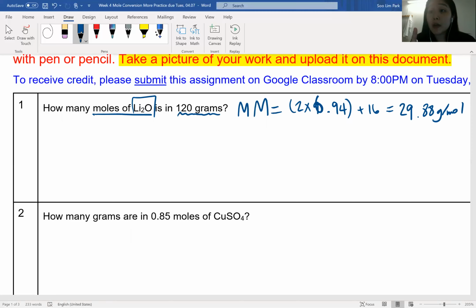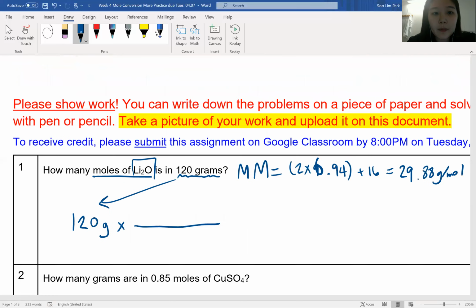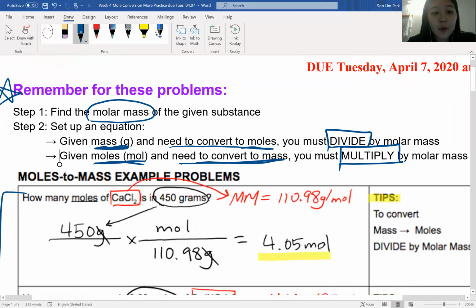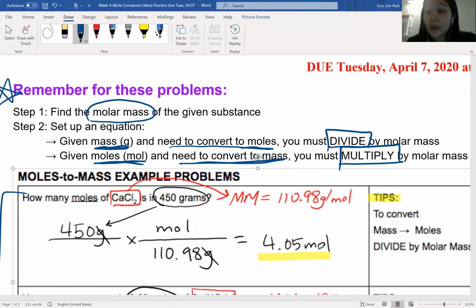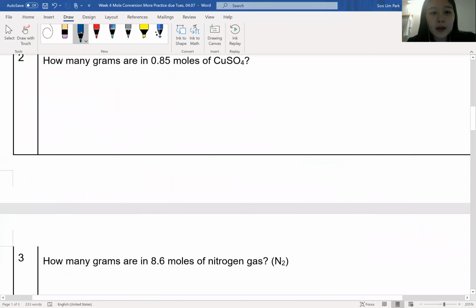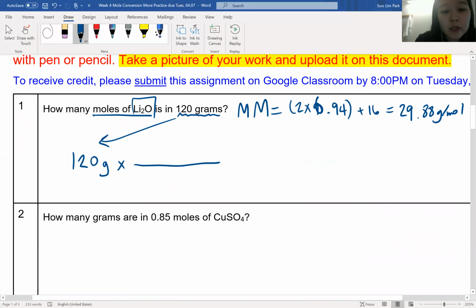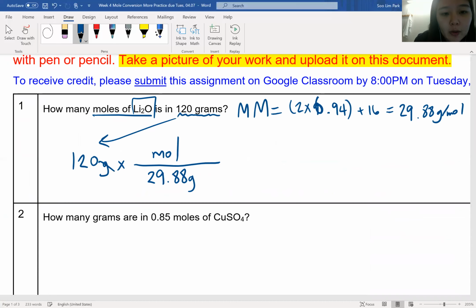All right, so let's set up the equation. That's the second step. We're going to start with our given, 120 grams. And remember, if you scroll up and see the rules, given grams, given mass, and you need to convert to moles, you're going to divide by molar mass. So we put the molar mass on the bottom and mole on top because we want the grams to cancel out.